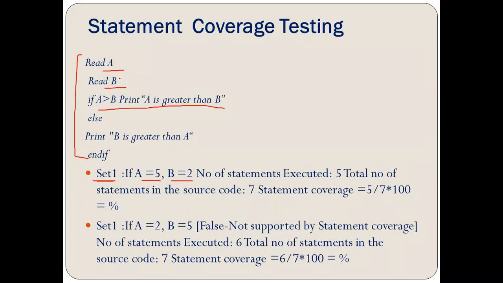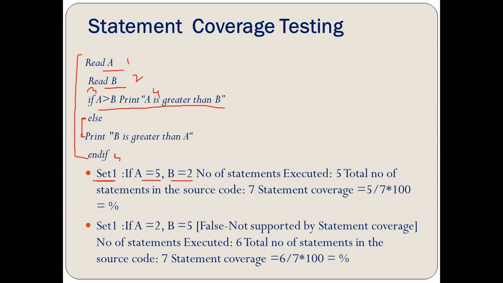Now in this condition, how many statements will be covered? Just see here. Read A will be done. Read B will be done. If A is greater than B, this will be checked. Next statement, print A is greater than B will be covered. So how many? 1, 2, 3, 4. This will not be executed, right?